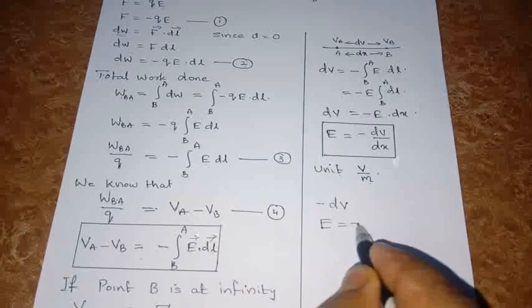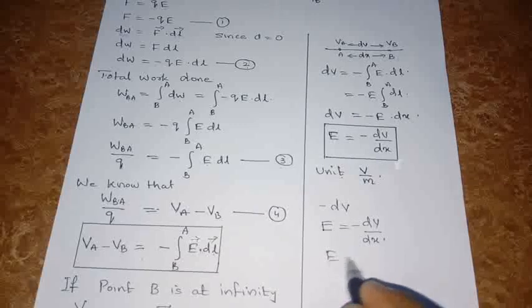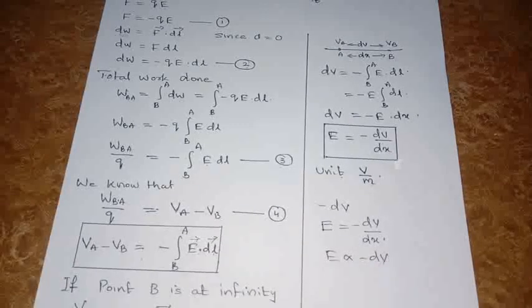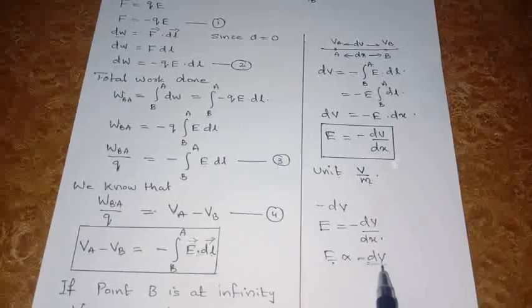E is equal to minus dV by dx. I can write E proportional to minus dV. What's the meaning of that? Electric field is in the direction of decreasing potential.